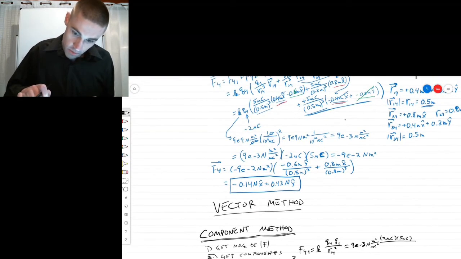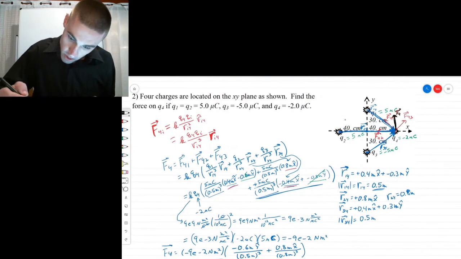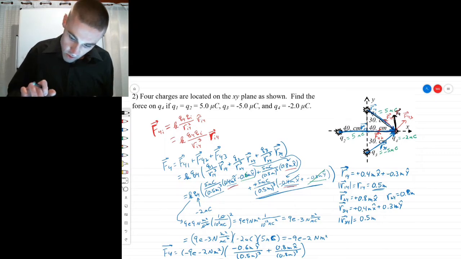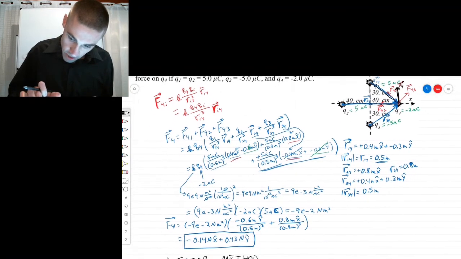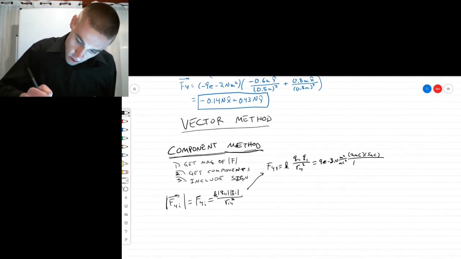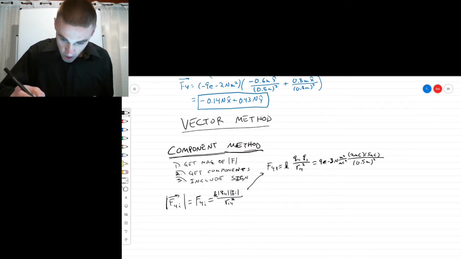So if we go back up to our picture here, remember that this distance here was 30 centimeters, and this distance here was 40 centimeters. So this is a 0.3, 0.4 meter triangle, so the hypotenuse is 0.5 meters. So there's a 0.5 meters squared here in the denominator.